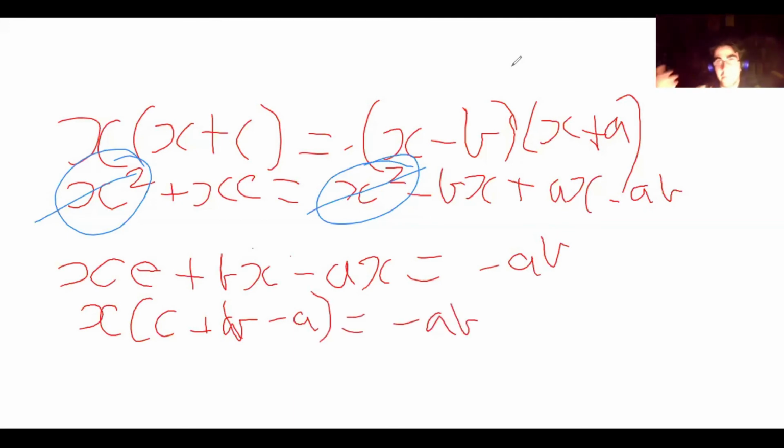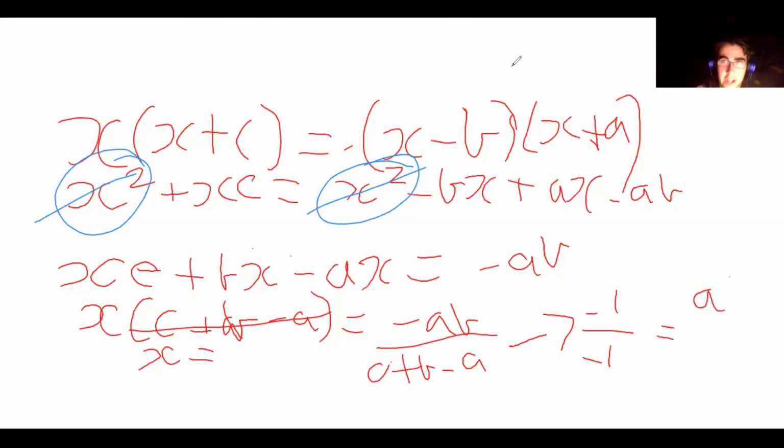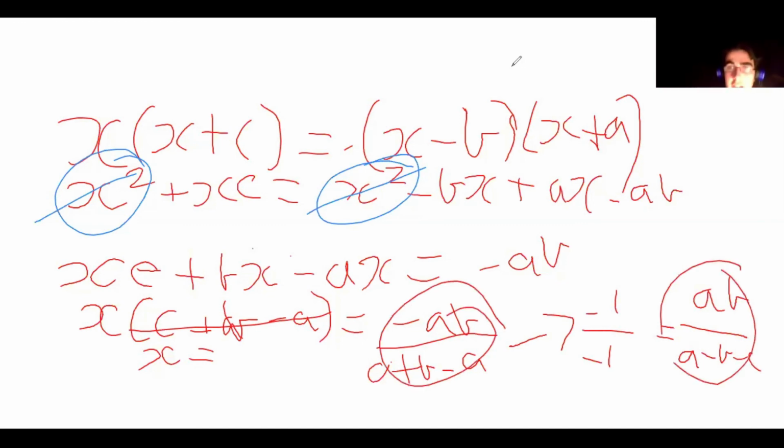Now we've met our goal with x on its own. Now simplify. So x equals minus ab divided by (c plus b minus a). If we want to make this look better, with a positive number on top, we multiply everything by minus 1 over minus 1. Therefore we get ab divided by (a minus b minus c). It's the same answer on both sides, but the second one just looks nicer.